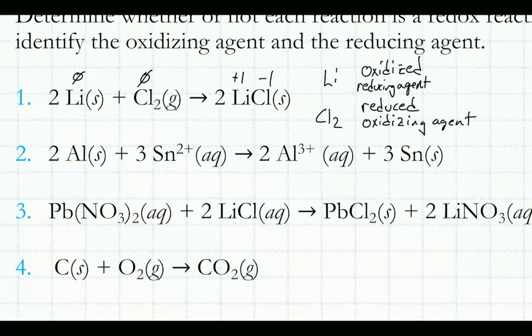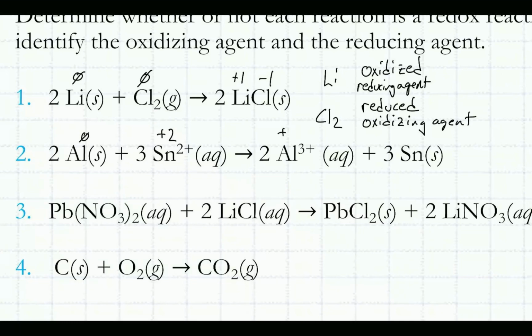Okay. So oxidation state of aluminum. Yep, doesn't have a charge by itself. 0. And tin, 2 plus. Plus 2. Technically, it switches when you do oxidation states. Aluminum 3 plus.